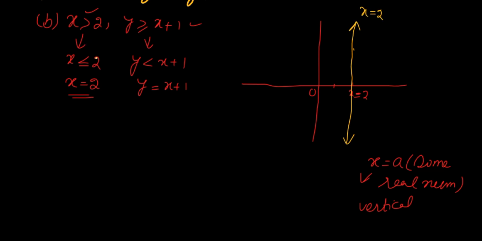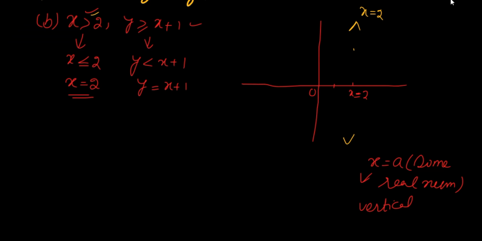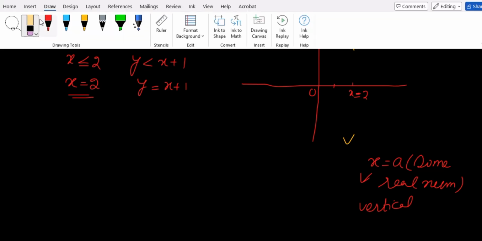But in our given inequality there is a greater than sign only, that is to say this inequality has no equal sign, so this vertical line should be a dotted line, not a solid line here.